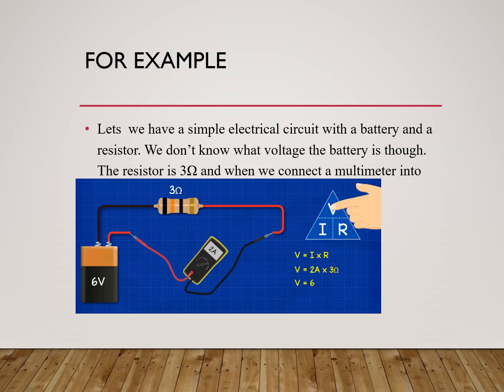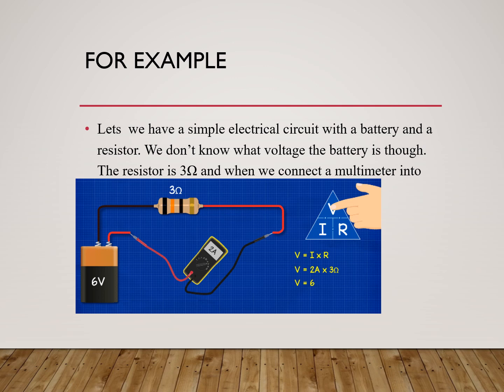Let's see an example based on Ohm's law. Look at this question, a simple question based on voltage. We have a simple electric circuit with a battery and a resistor. We don't know what voltage the battery is, though. The resistor is 3 ohms, and when we connect a multimeter, it reads 2 amps.